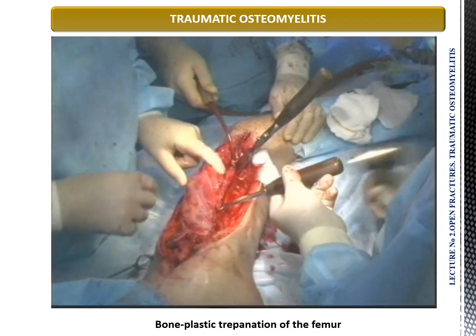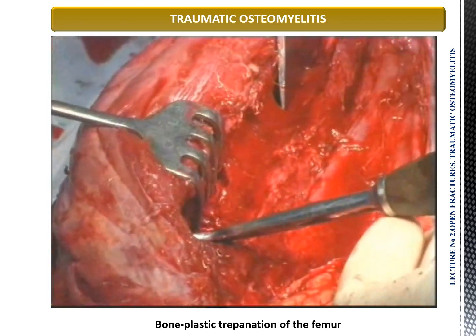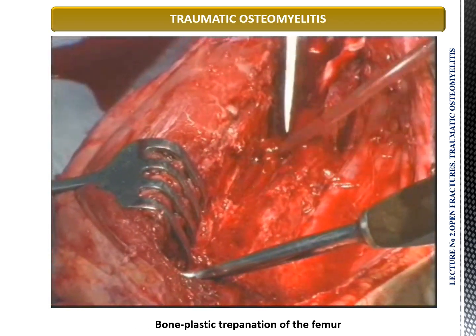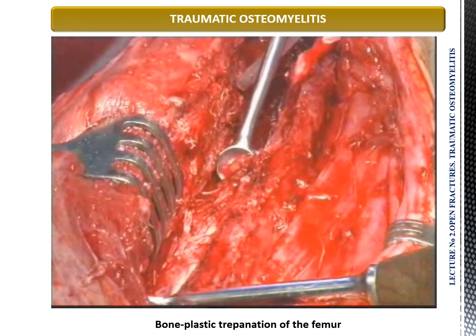With the help of chisels, the bone marrow canal is opened in the form of a flap. In this case, a vascularized musculoskeletal flap is formed. Thus, optimal access to the lesion is achieved.